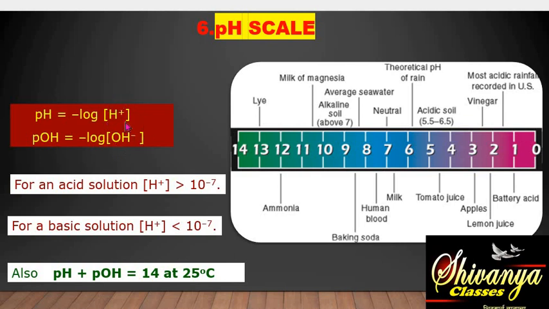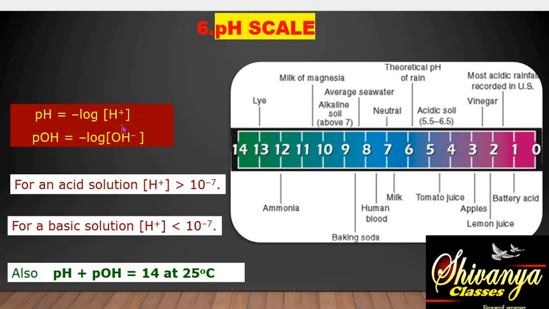It means if the concentration of H plus ion in a given solution is more than 10 raised to minus 7, then it is said to be acidic. If the concentration of H plus ion is less than 10 raised to minus 7, it is said to be basic.